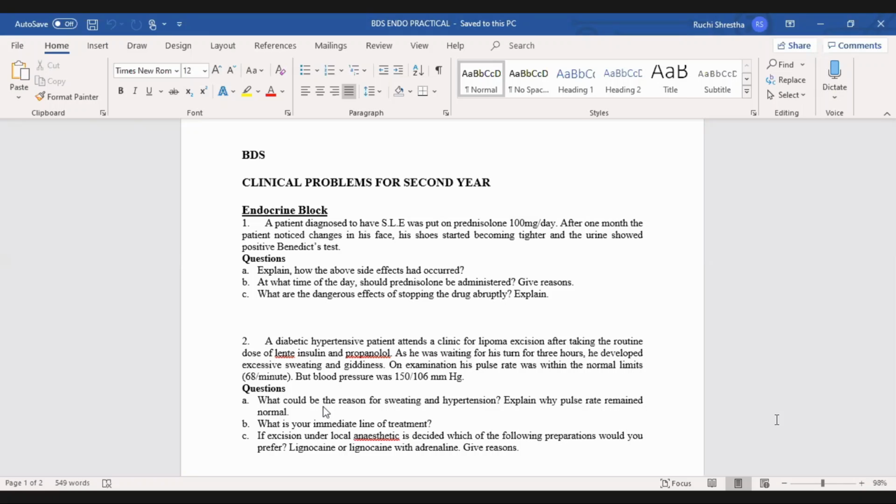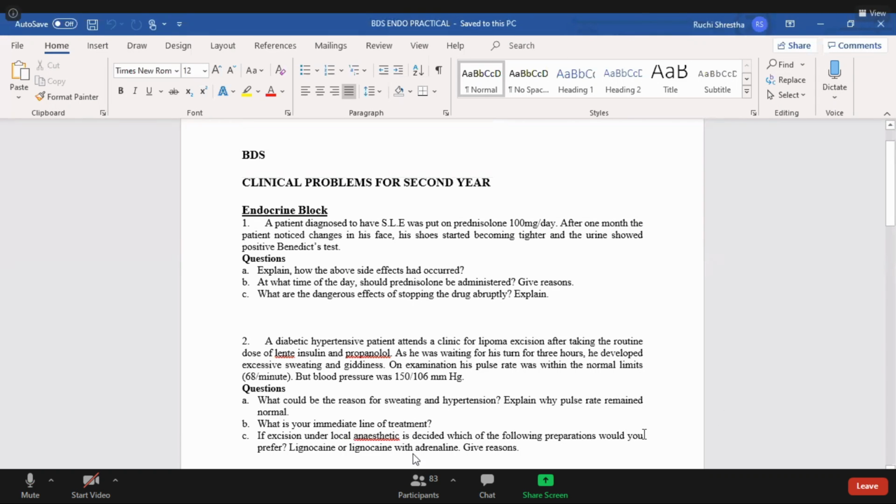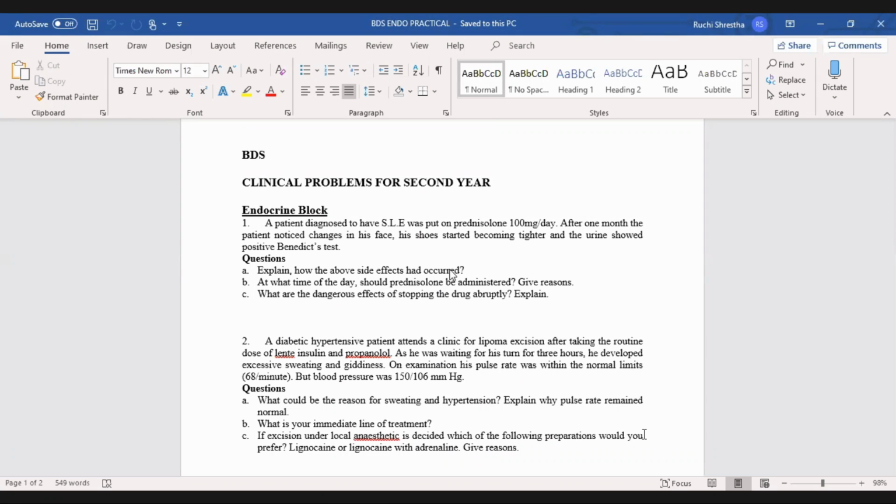Okay, so both sweating and giddiness are due to hypoglycemia. So thank you, Milan. So the patient is diabetic as well as hypertensive. So the patient is taking insulin as well as propranolol for the same. And the patient was undergoing the lipoma excision, for which he waited outside the office for 3 hours.